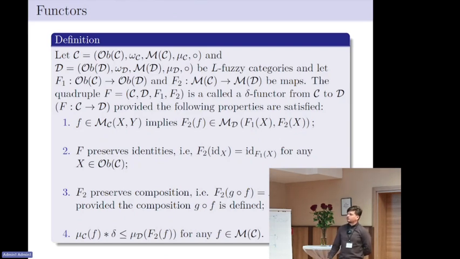So a delta functor between two fuzzy categories would be a classical functor, but additionally, it would respect the membership degree up to delta. One thing you should notice is that since we can keep continuing this inequality to the left, every delta functor is also a zero functor.